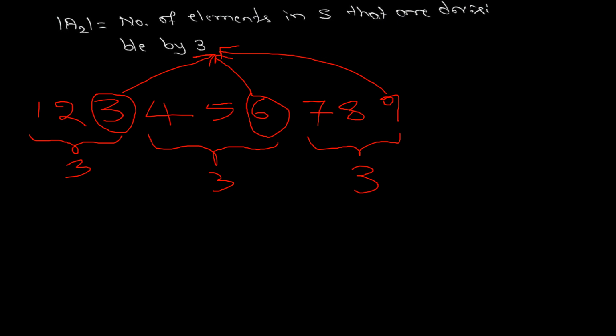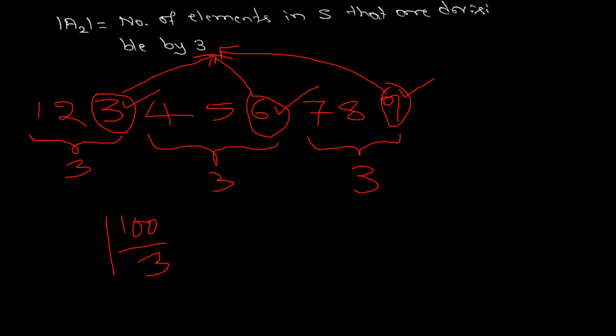So if we divide 100, because the total number of integers in our set is 100, by 3, so many integers we will get which are divisible by 3.